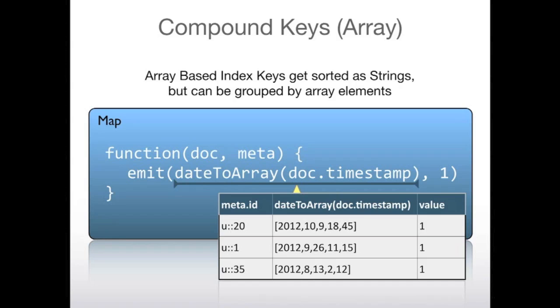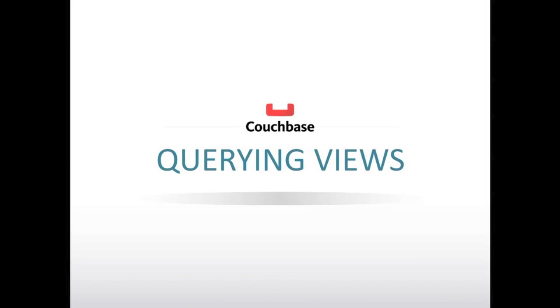We set the group level to 1, and it'll basically split that array on the commas and then group everything on the first parameter, so we'll get all of 2012, or we can set group level to 2 and we'll get all of October 2012, etc. And you basically just can move along the group level. So that's called a compound key, and you can use that for interesting stuff as well.